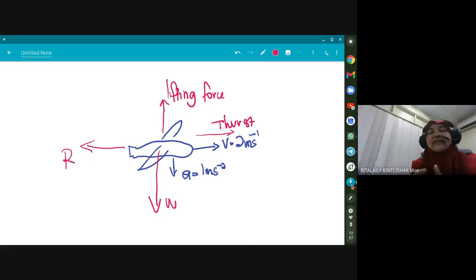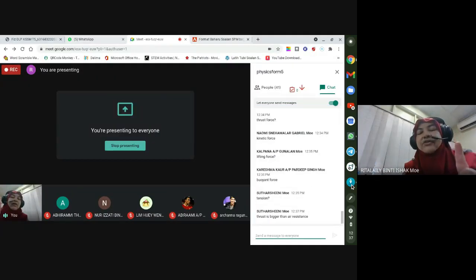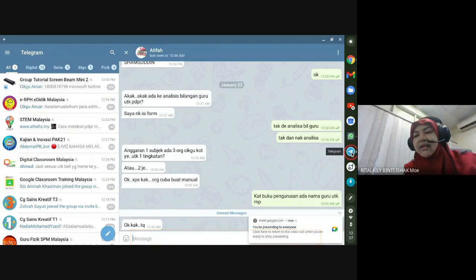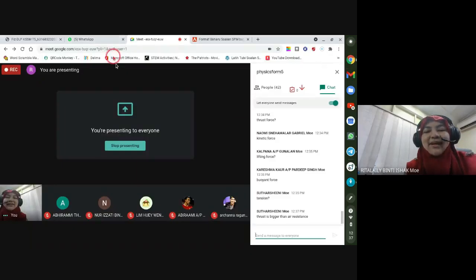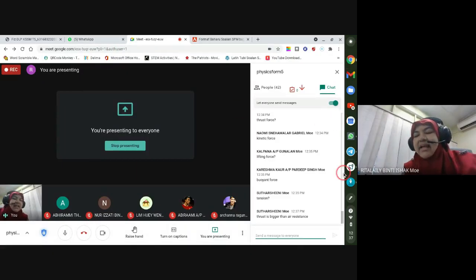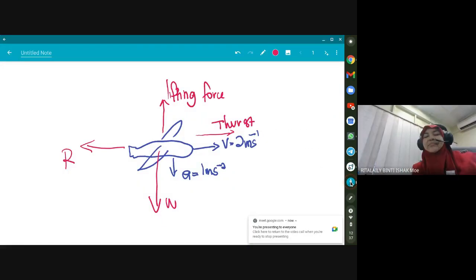Okay, so since there are only 2 parallel forces, what is the relationship between thrust and resistance? Thrust is bigger than air resistance. Okay, kejap. Thrust is bigger than air resistance. So sini. Setuju tak?